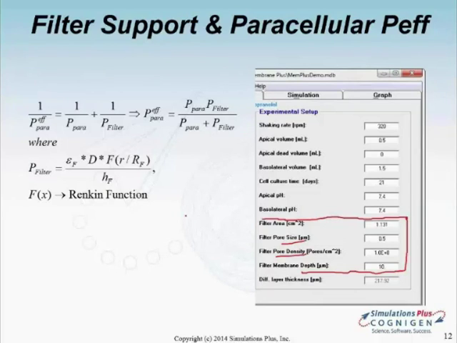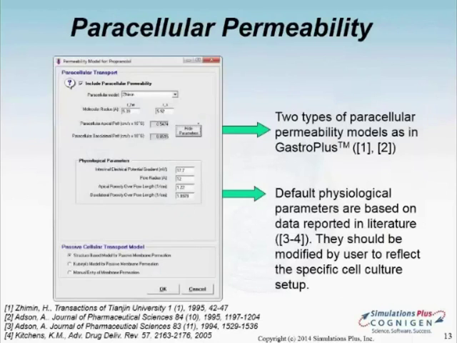For the paracellular permeability, we do include two types of models, especially when it comes to accounting for size of the molecule. For those of you who are familiar with GastroPlus, you know that we have two models incorporated. One is the Adson model, which assumes every molecule is a simple sphere, and the radius could be calculated simply from the molecular weight of the compound.